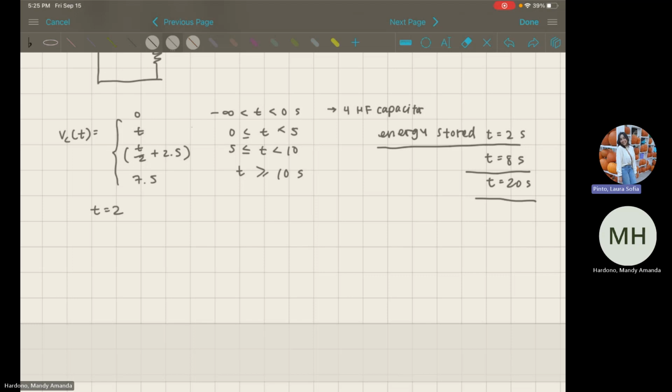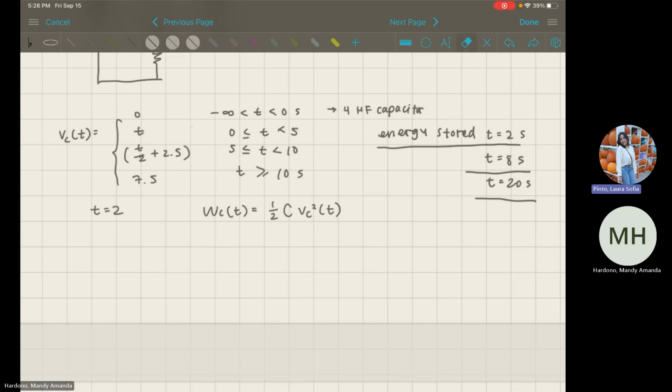So we would plug the time into the equation for VC, and then plug VC into our energy stored equation. So our energy stored is going to be 1/2 capacitance times VC squared of t.